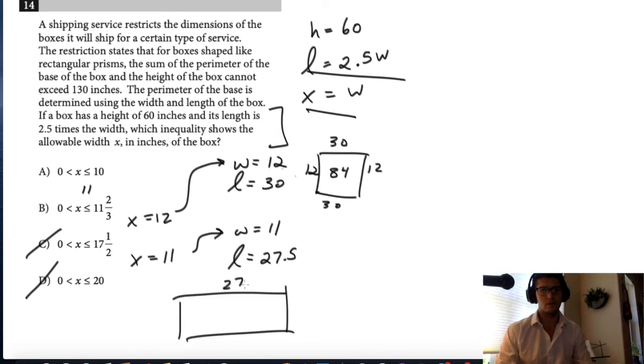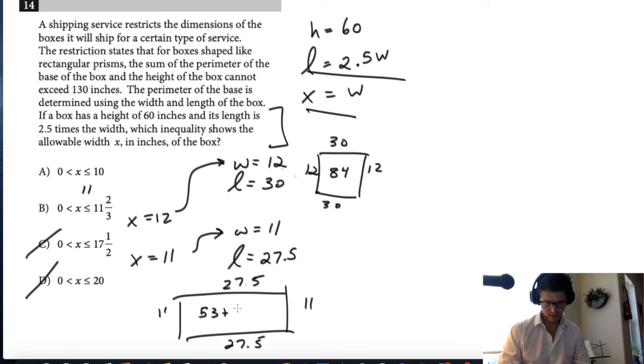So 27.5, 11, a couple of components of each of these. Set 27.5, that's going to be 53 plus another 22. And that's equal to 75.